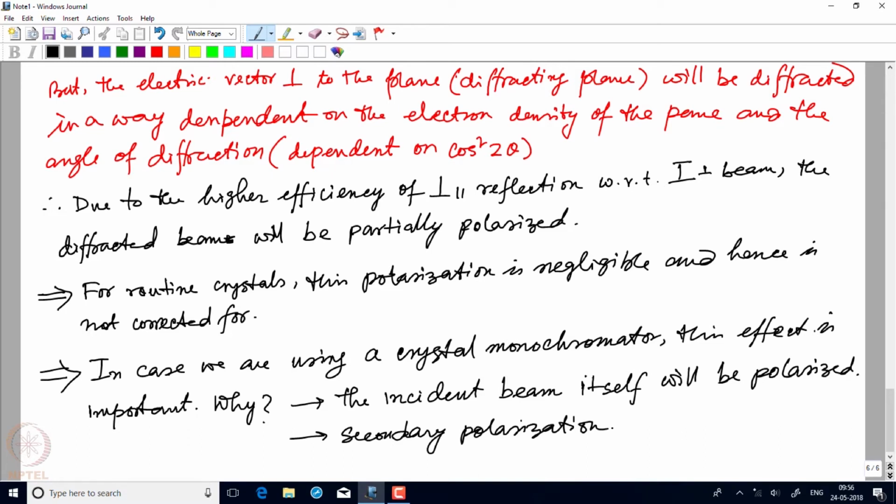Secondary polarization will influence the diffraction data.